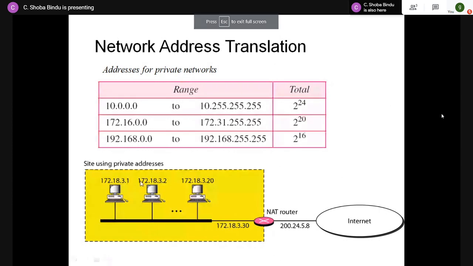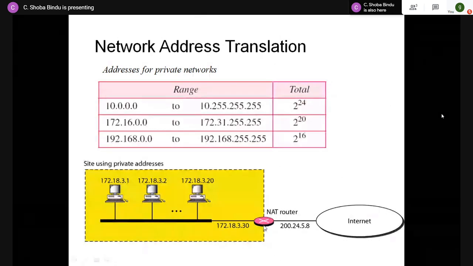Now what this router will do, it replaces this address with this public IP, and then it transmits it to the outside world. This is how you overcome the problem of address depletion in IP version 4. So this is how it is going to communicate.